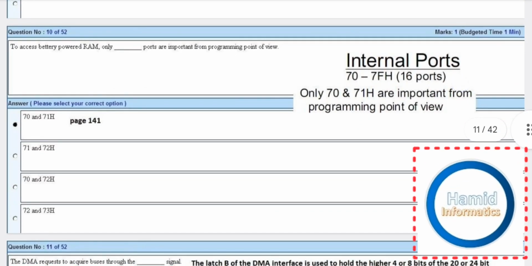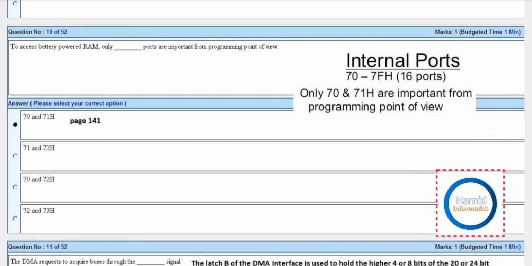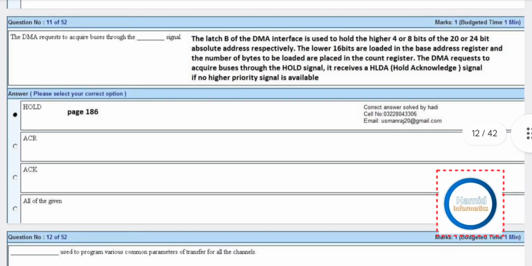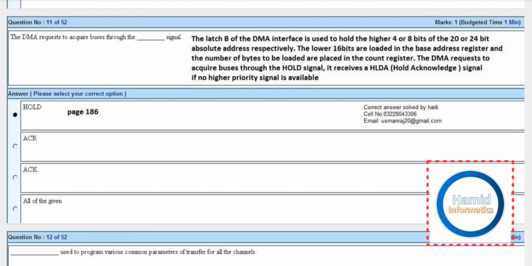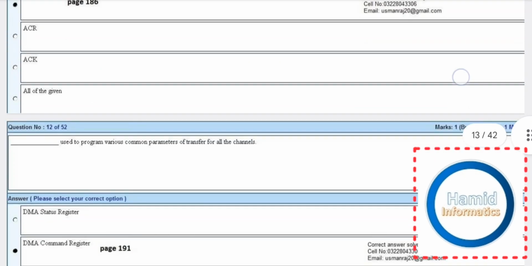Next is to access battery-powered RAM, only dash registers are important from programming point of view, and the answer is 70 and 71H. Next is the DMA request to acquire buses through the dash signal, and the answer is hold signal.